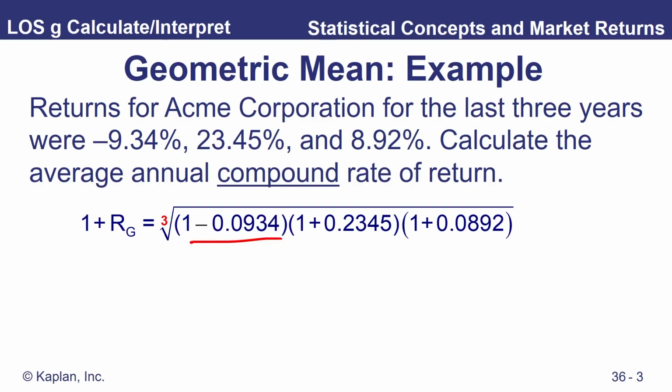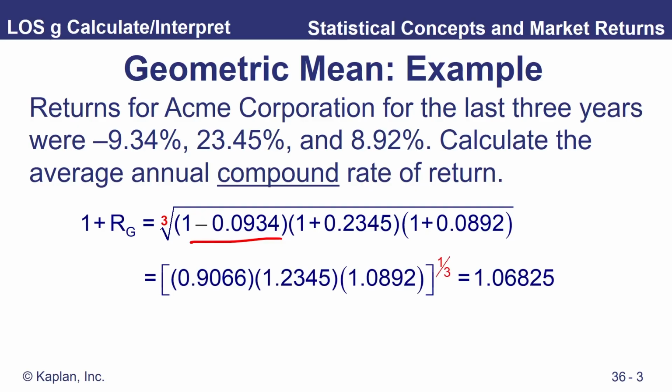Now the problem is we can't do that on our calculator if we're using a BA II Plus because it doesn't have a cube root function. But that doesn't prevent us from doing this. So what we're going to do is do 1 plus our annualized rate of return as a decimal, so 0.9066 times 1.2345 times 1.0892, and then rather than taking the cube root, we're going to raise it to the power of a third, 1 over 3, where 3 is the number of annual returns we're linking together in this example.